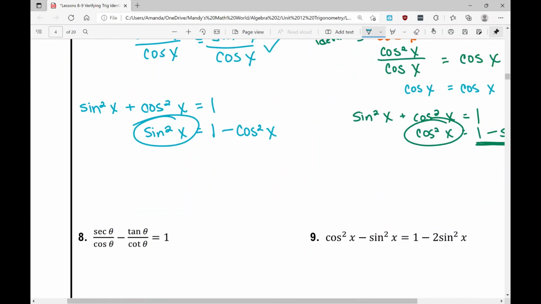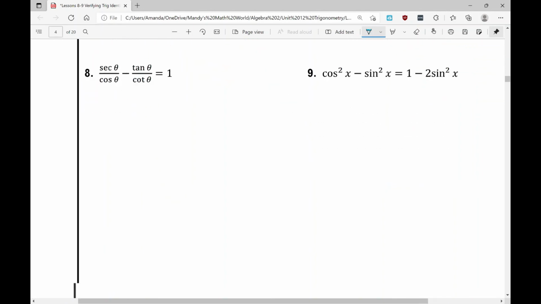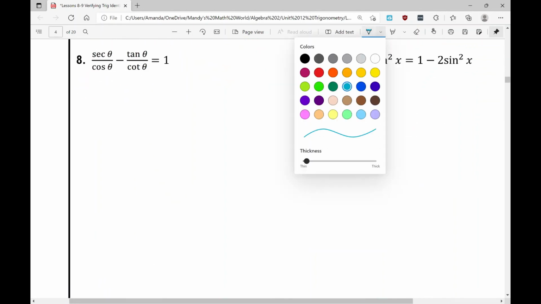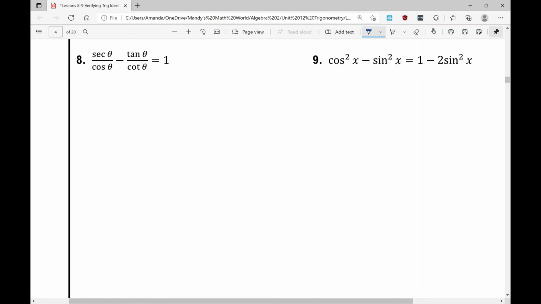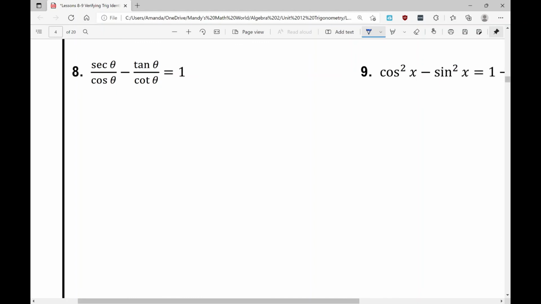Number 8, ooh, I've got 2 fractions here. What is going on here? Okay, let's see. All right, change to blue. So secant theta over cosine theta minus tangent theta over cotangent theta equals 1. Well, let's just rewrite everything in terms of sine and cosine and see if that gets us anywhere.